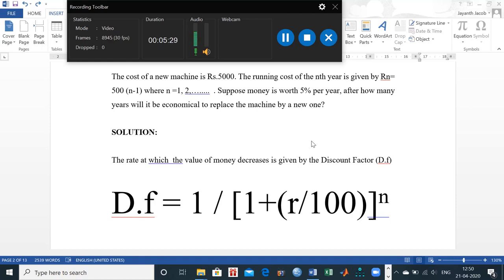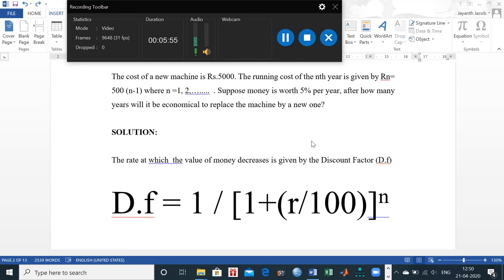Anything raised to the power of 0 is 1, and therefore the discount factor is 1, which means if I spend 4,000 rupees on maintenance cost in the first year, it is accounted as 4,000 rupees in the first year. That's because maintenance cost is deemed to have been incurred at the beginning of the financial year.